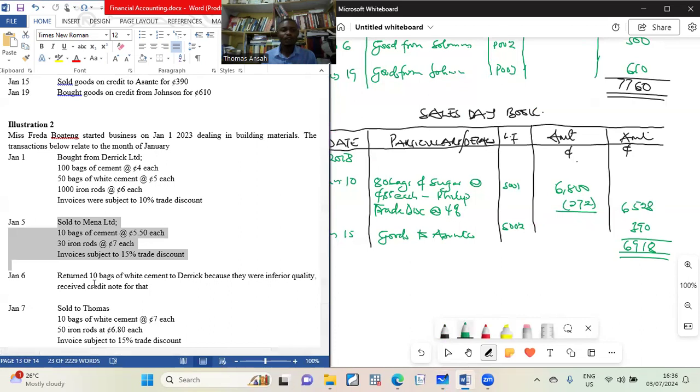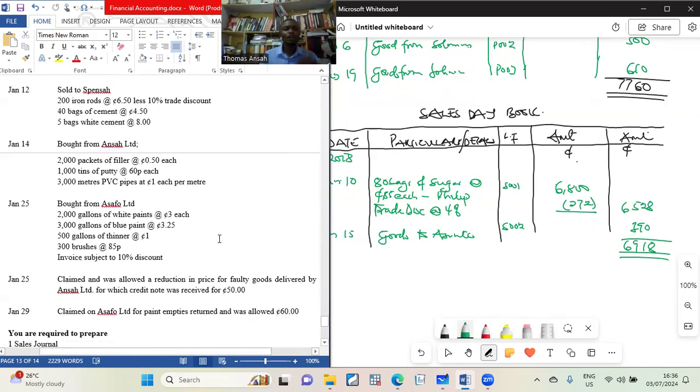But for now, what you need to understand is that you have got to know how to do a sales day book and a purchases day book. You do the same thing for return inwards. If they returned, you create a return inwards journal. If you return, you create a return outwards journal and you record something like this. So see you in the next video 3, where we take a full question.